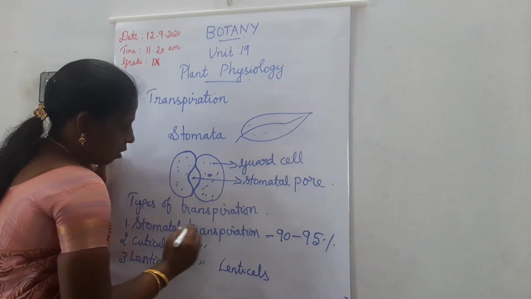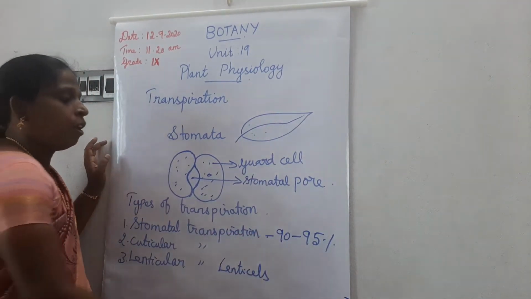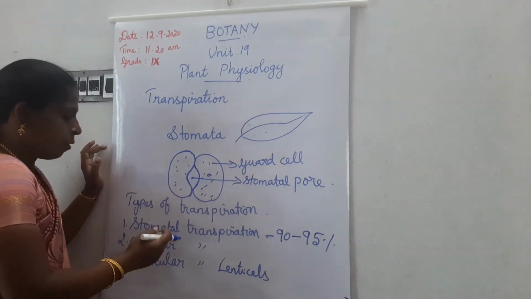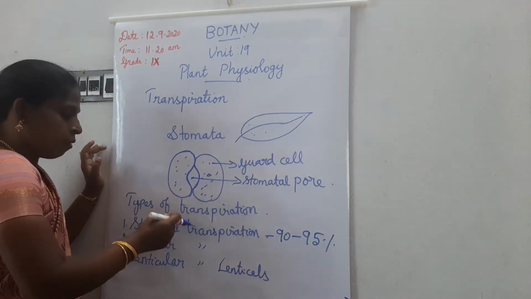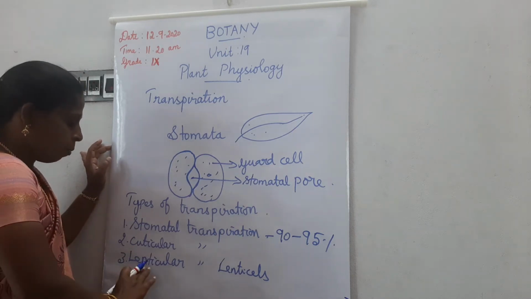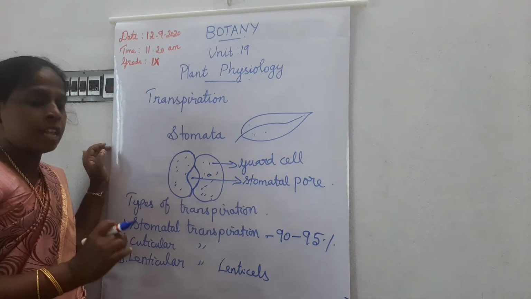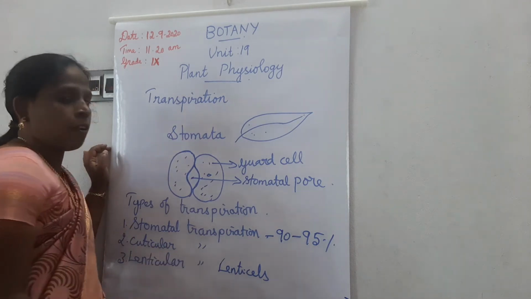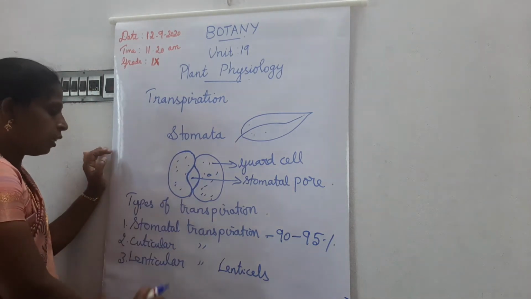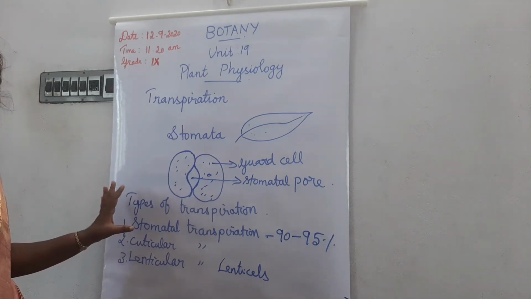Through stomata 90 to 95% of water may evaporate. Through the cuticle a very small amount of water evaporates, and through lenticels also a very small amount. So these are the three types of transpiration present in the plant body.